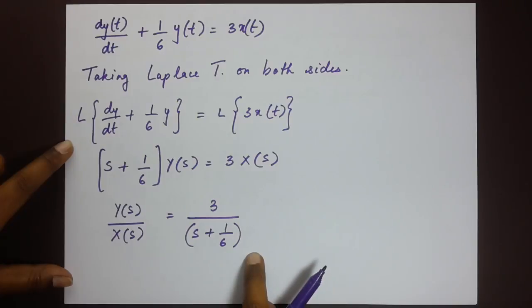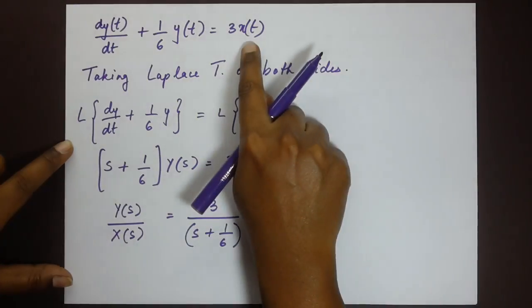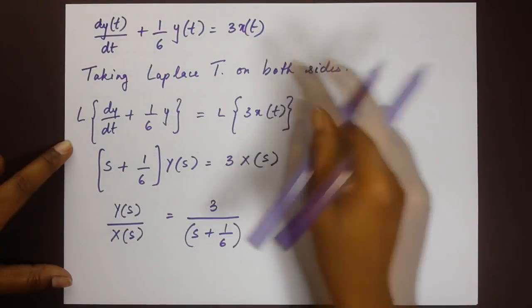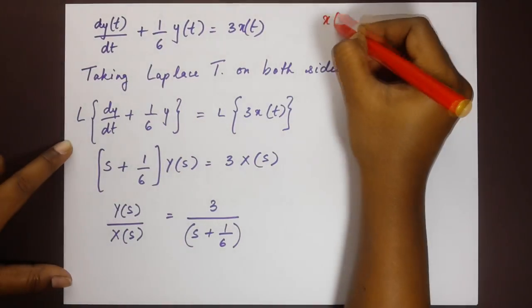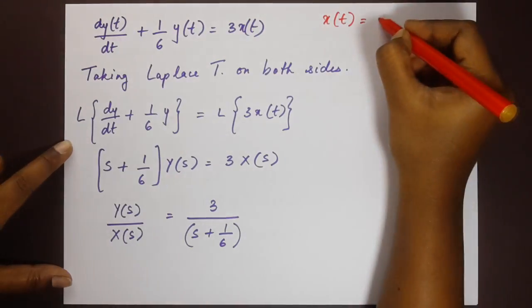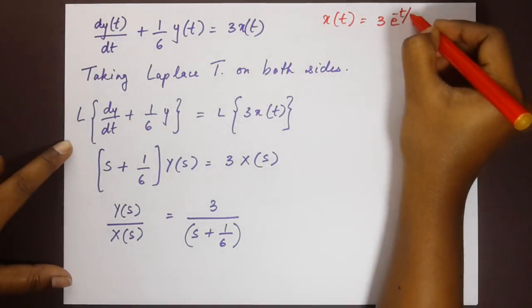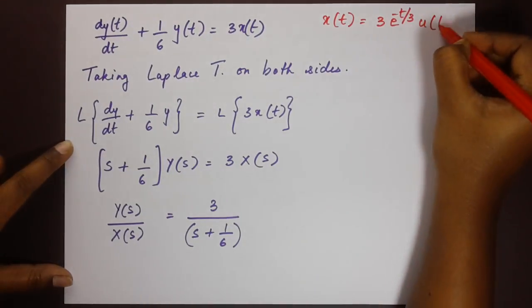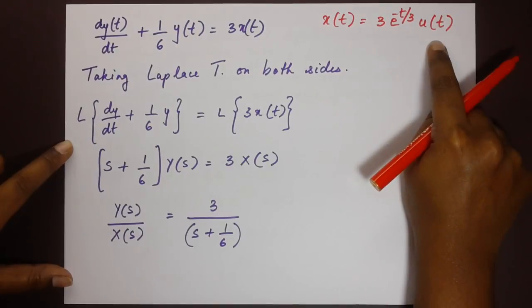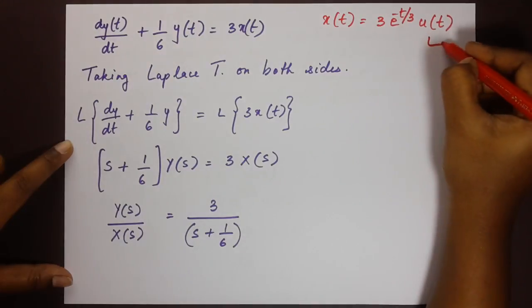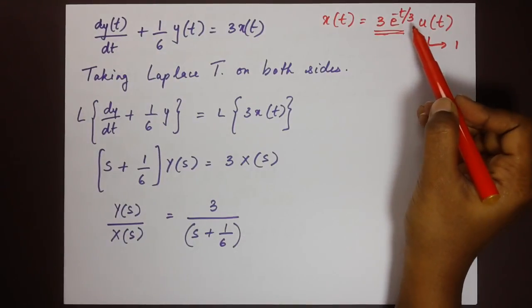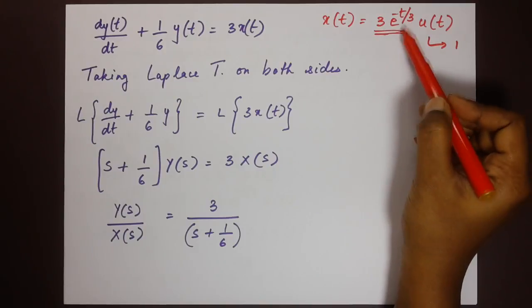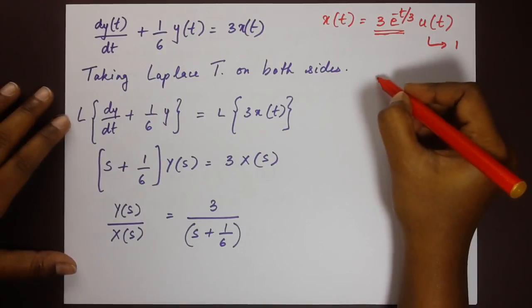Now the next thing is we already have what x(t) is. The input is given to us as x(t) = 3e^(-t/3) u(t). Now u(t) is a step function, so we can consider its value to be 1. So let's just concentrate on 3e^(-t/3).